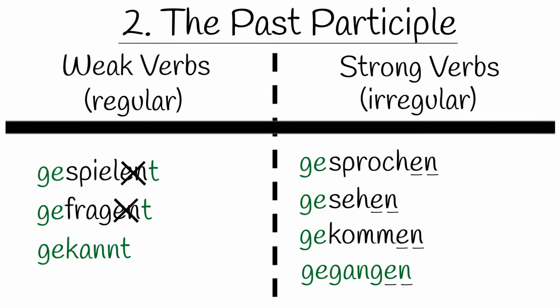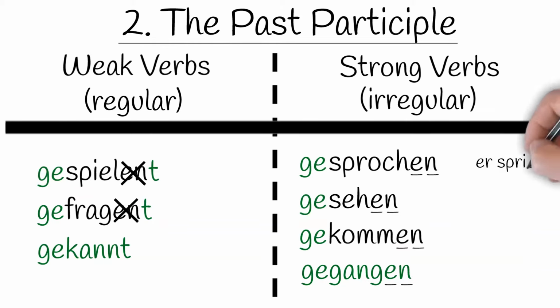There is a clue or a tip, however, for determining which verbs are weak and which are strong, and that is that if you look at the er form in the present tense or the du form, if there is a change in vowel, that means the verb is irregular and probably ends in en.